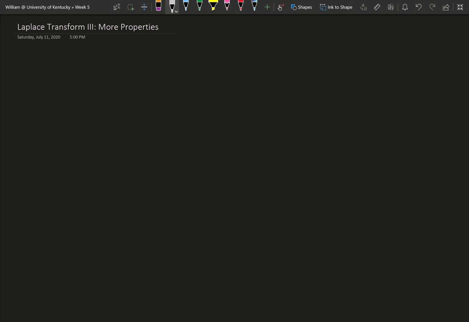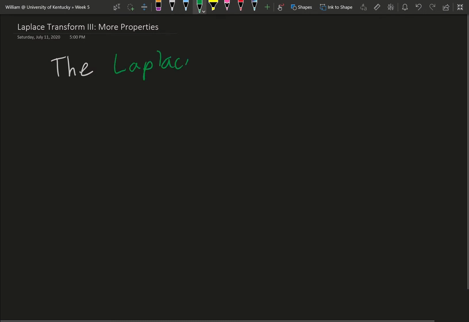So welcome. Today we're going to start talking about the Laplace transform. So first, just some initial definitions. First, what sort of thing is the Laplace transform?